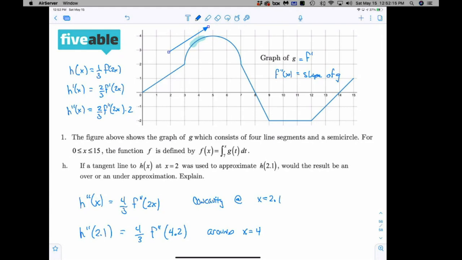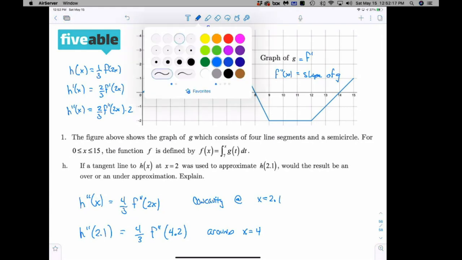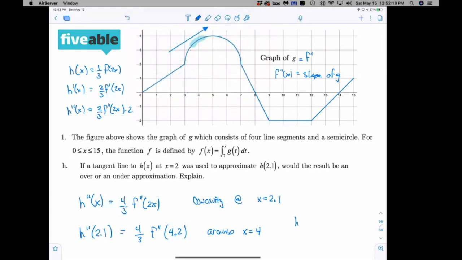So what we know is that h double prime of 2 is going to be greater than 0, which means that h is concave up in this region. And if h is concave up, remember, you're below. So the tangent line approximation is going to be an under approximation.